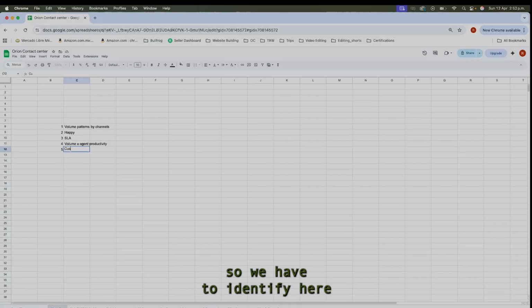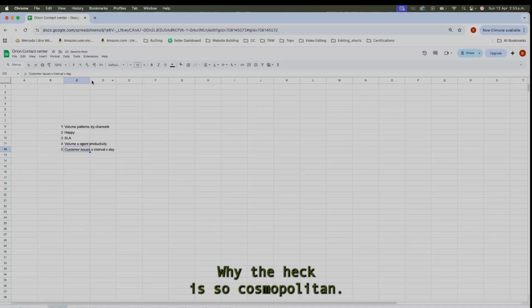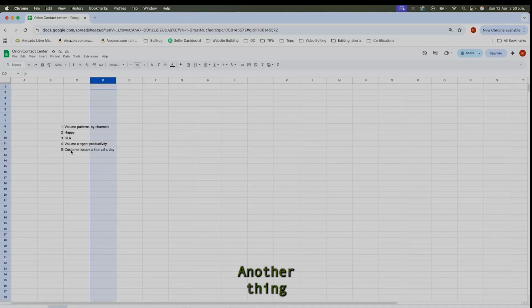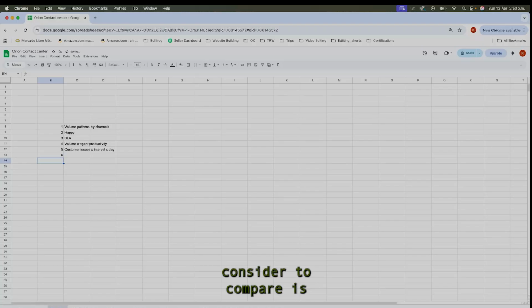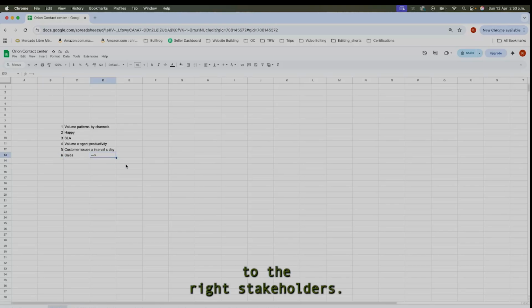So we have to identify customer issues by interval or by day to see what is happening, why our customers are calling. Another parameter that we can consider to compare is sales patterns. Are sales increasing or decreasing through time? That is another thing that we have to know to make suggestions to the right stakeholders.